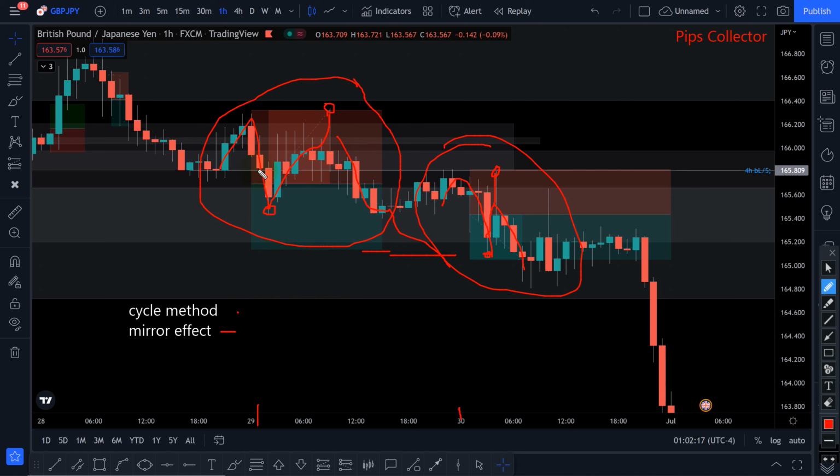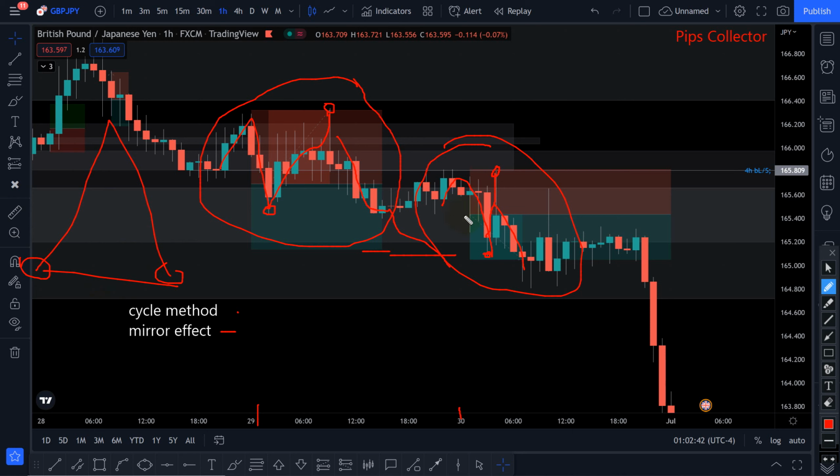So the mirror effect is more interested in the now, what is happening now, while the cycle effect is interested in the whole structure, the whole movement, which is what we saw earlier, going up and coming down. Cycle effect 100%. This is what I call equal V or equal inverse V cycle effect.